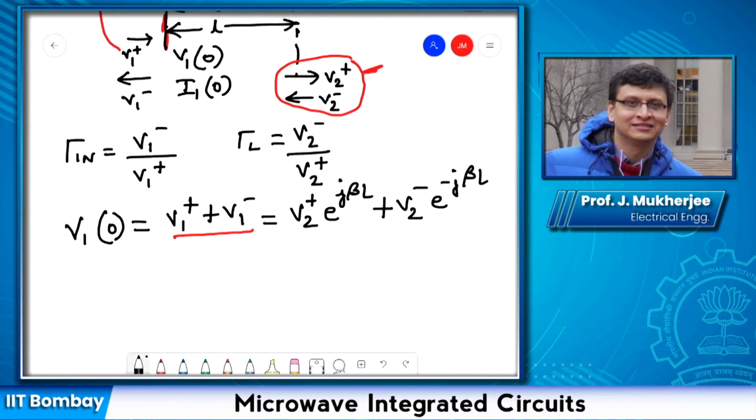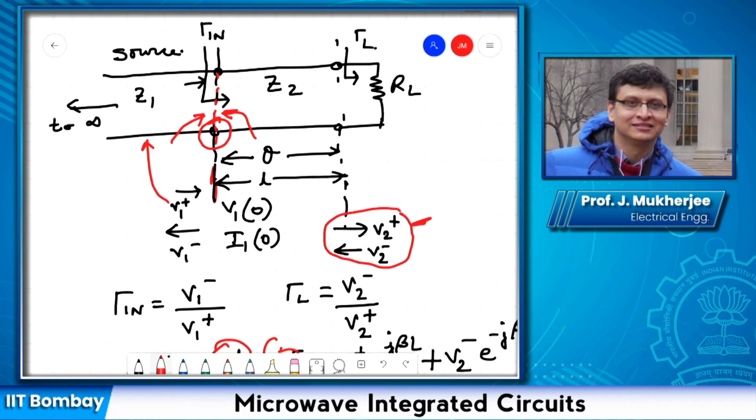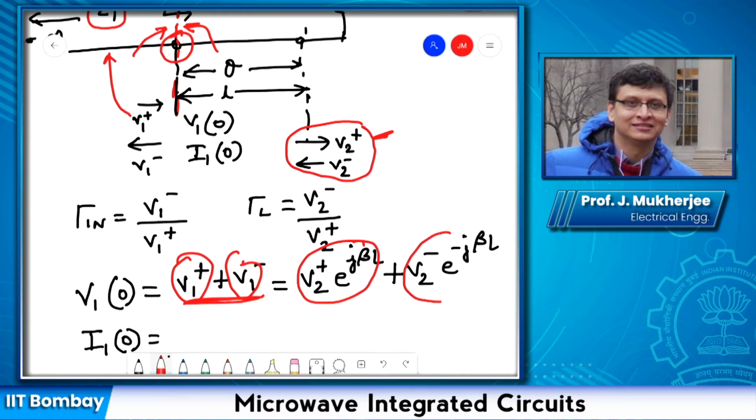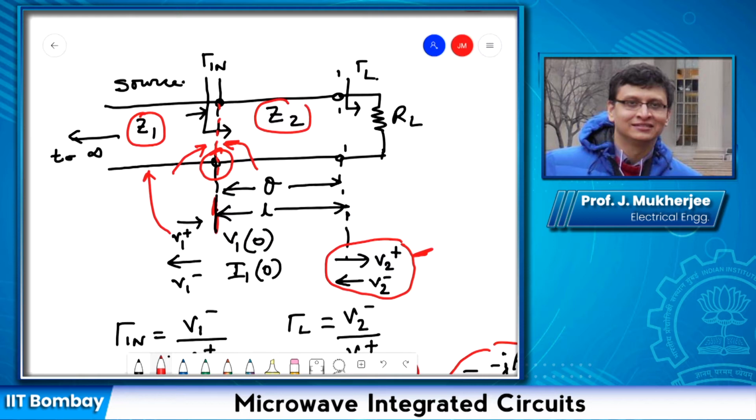What about the current I10? Now the current I can write in terms of these incident and reflected voltages. Note that, again I am repeating, these two terms belong to the transmission line having characteristic impedance Z1, whereas these terms belong to this transmission line which has a characteristic impedance Z2.